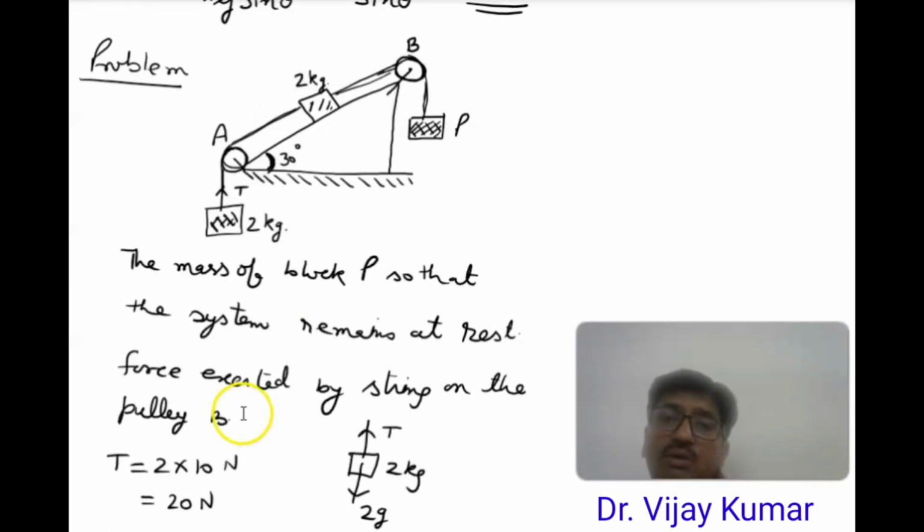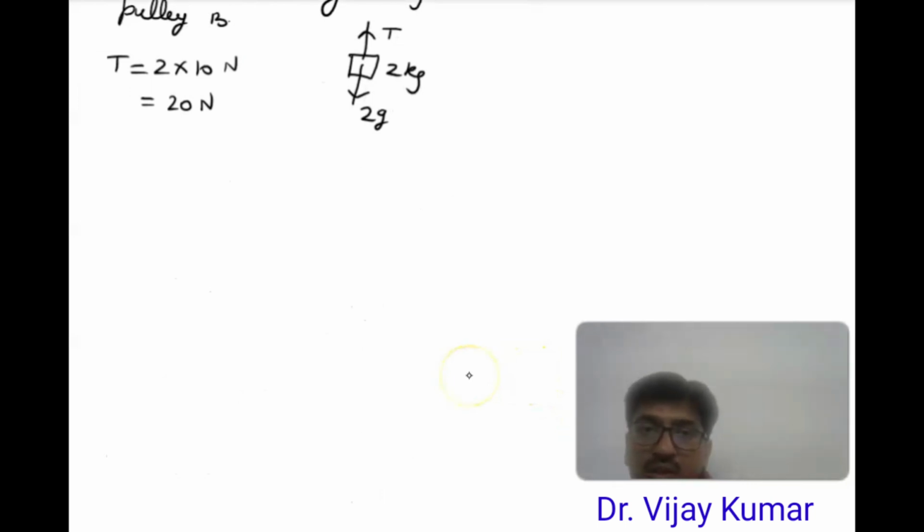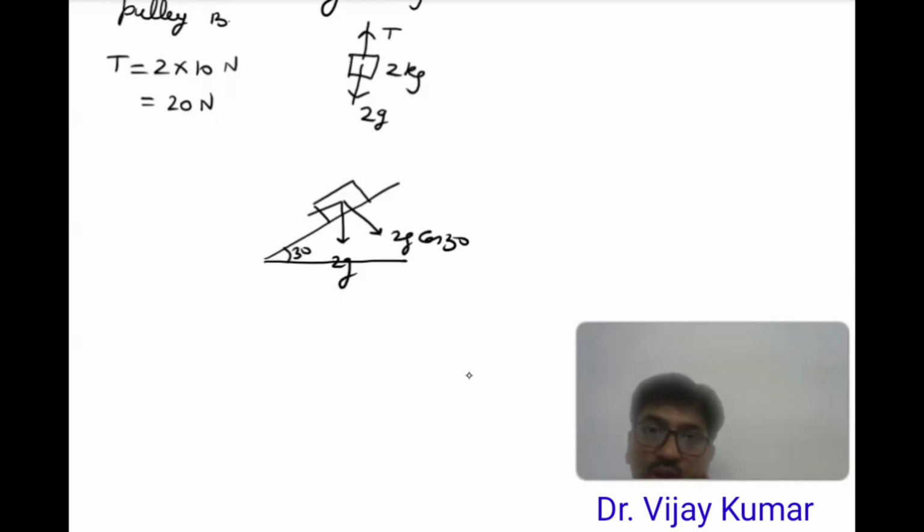Now we will work on this 2 kg block on the inclined plane, which is at 30 degrees. Weight should be 2g in the downward direction. Its components are 2g cos 30 and 2g sin 30. And suppose tension T dash.